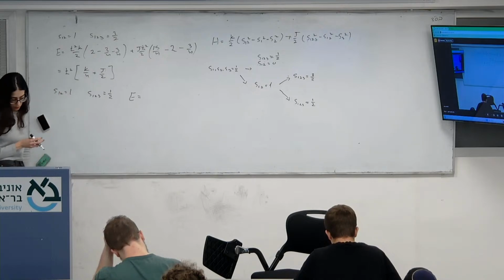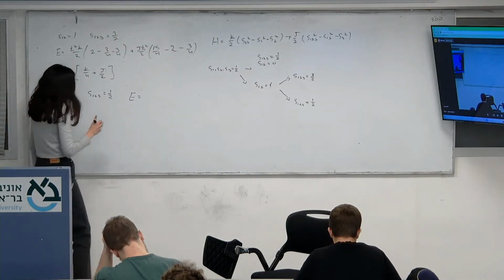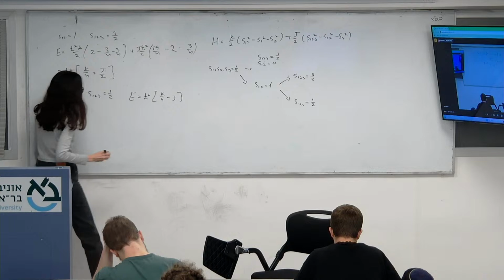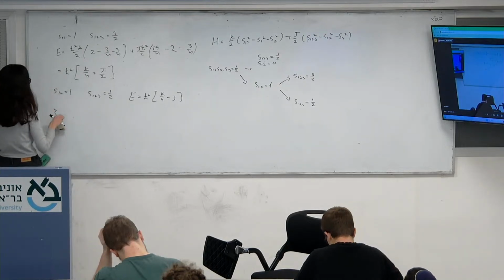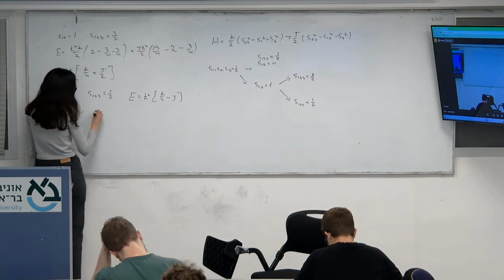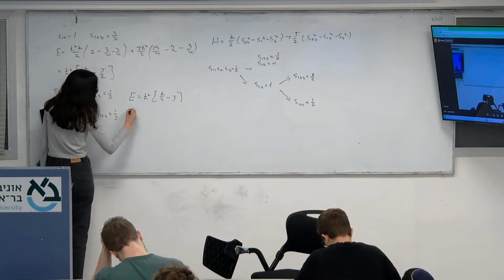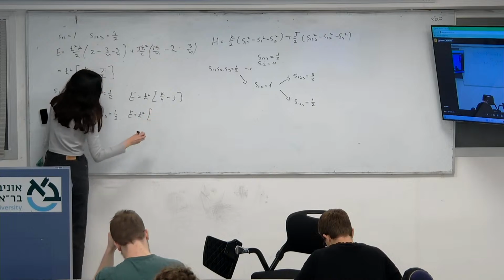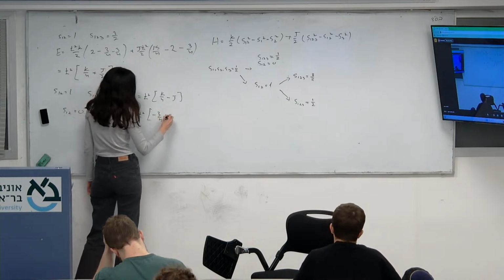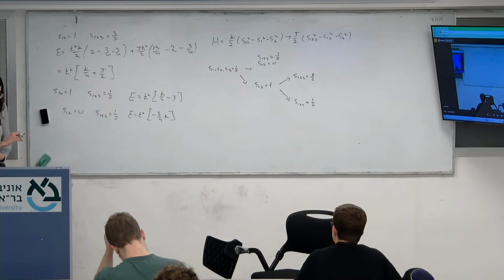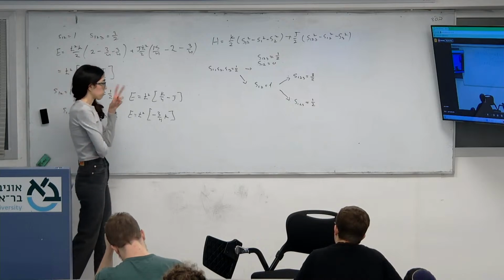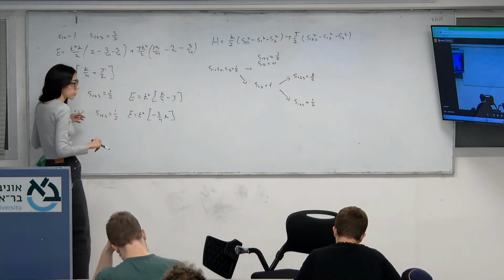The energy calculated in the same way for S12 equal to 1 and S123 equal to half is K over 4 minus J. And for S12 equal to 0, the energy is minus 3/4 J. Okay, so we got three energy levels.